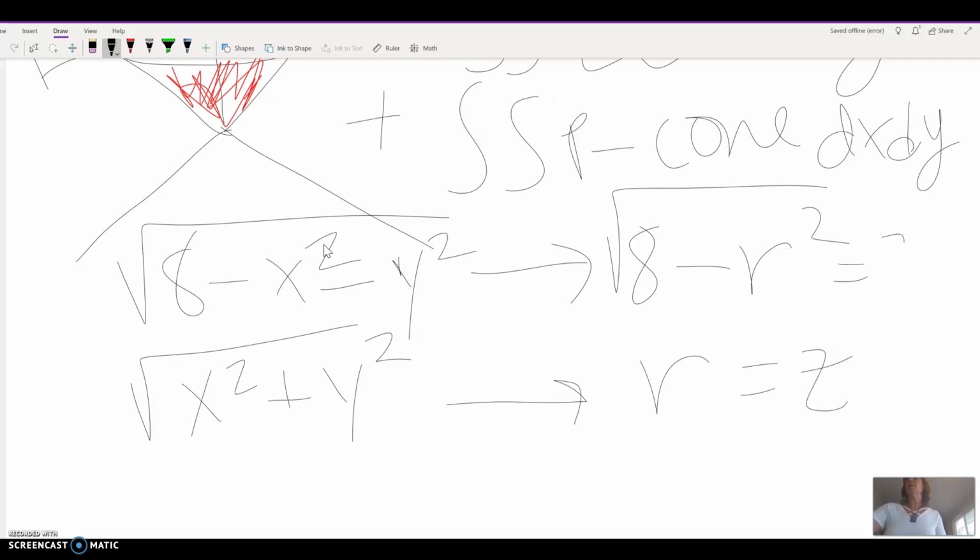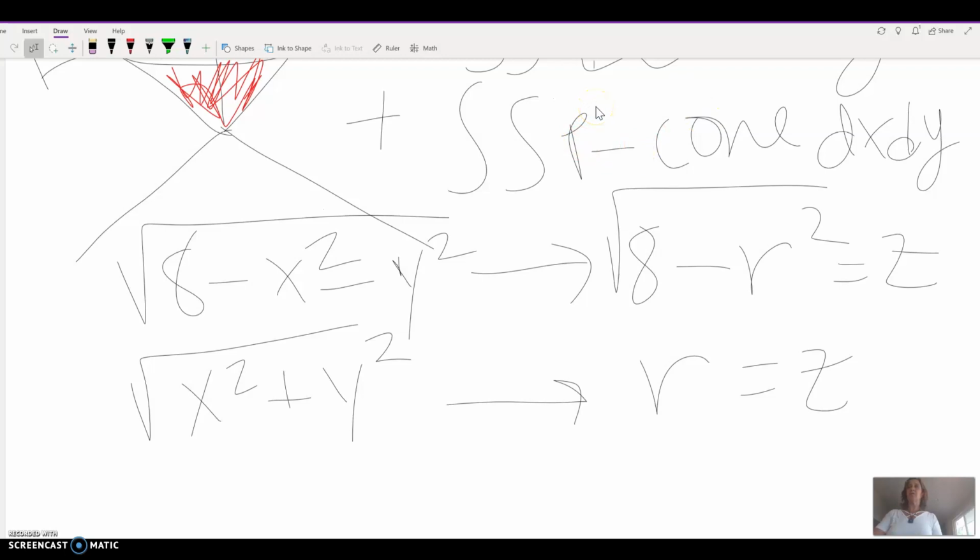So z equals r is actually going to be a cone. And that's something you'll actually look at in 16.5 when you start thinking about expanding these polar coordinates into a third dimension, right?